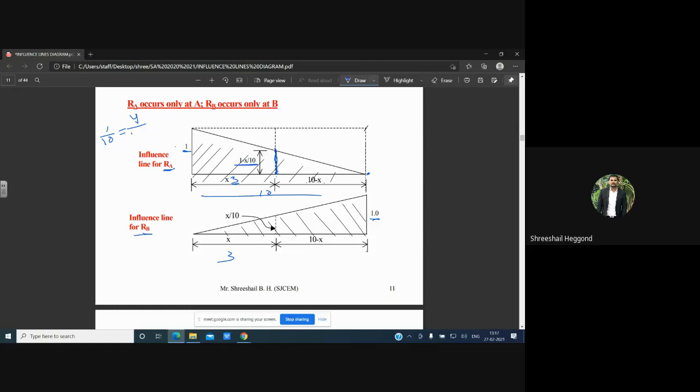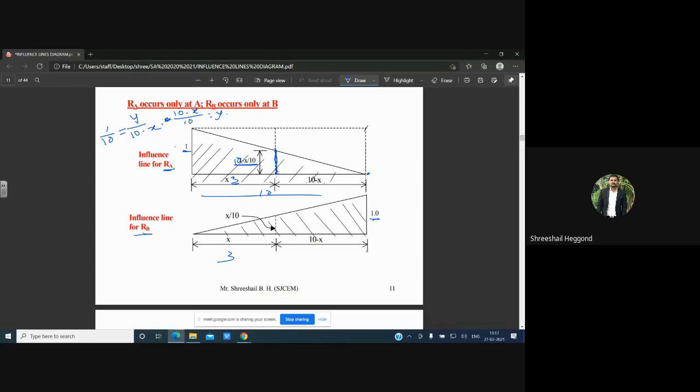Instead of 7, it will be 10 minus x. And you can write the equation as 10 minus x divided by 10. This is 10 minus x divided by 10.